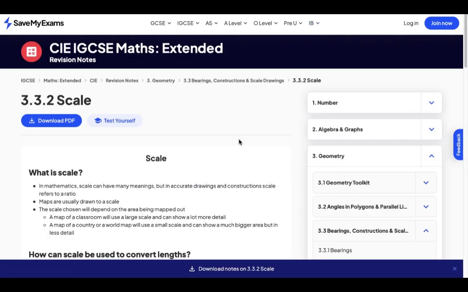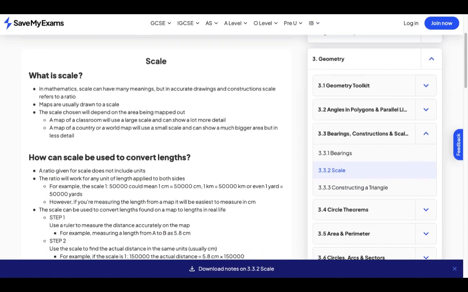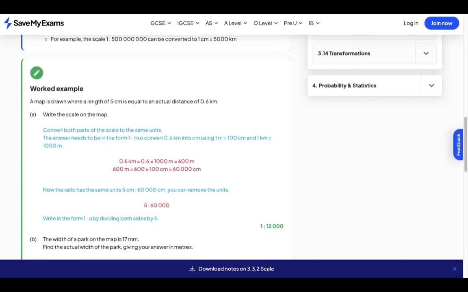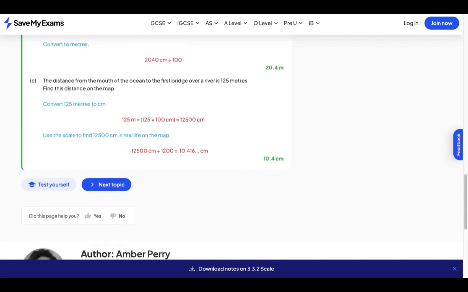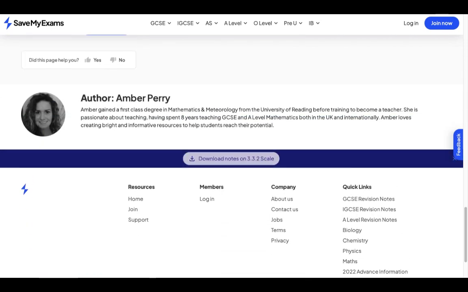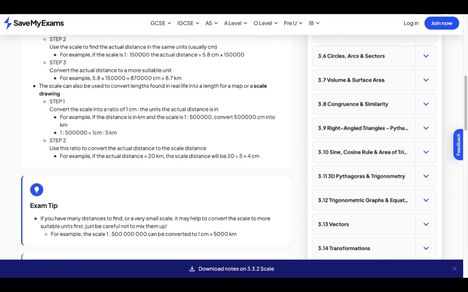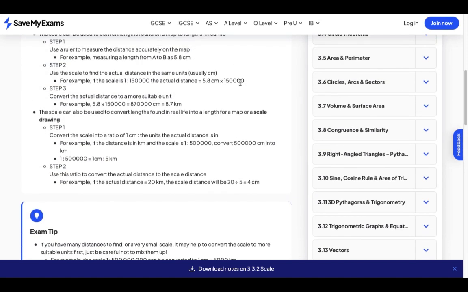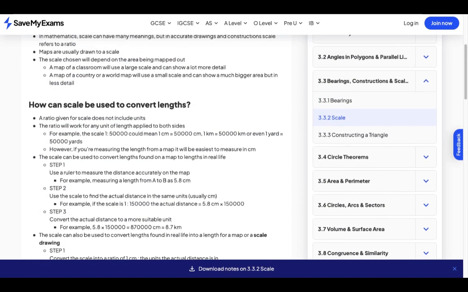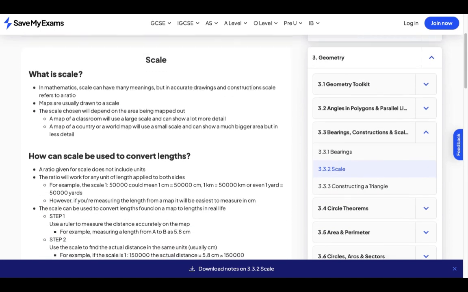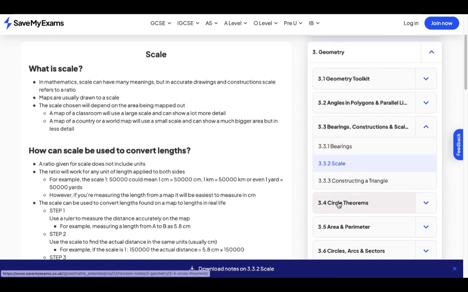You don't want to give us? Oh, this is the last one? So this scale. You're not doing scale, right? You want me to read out the topics?